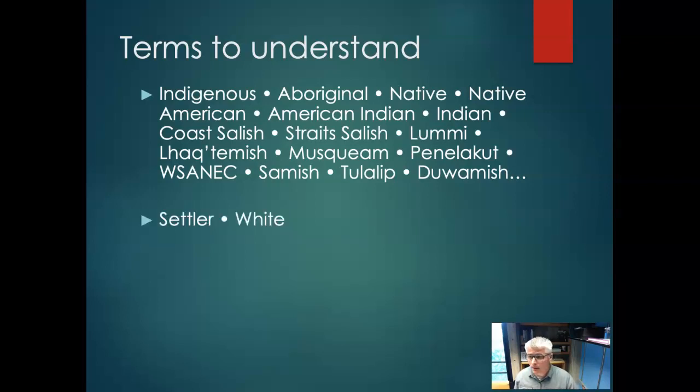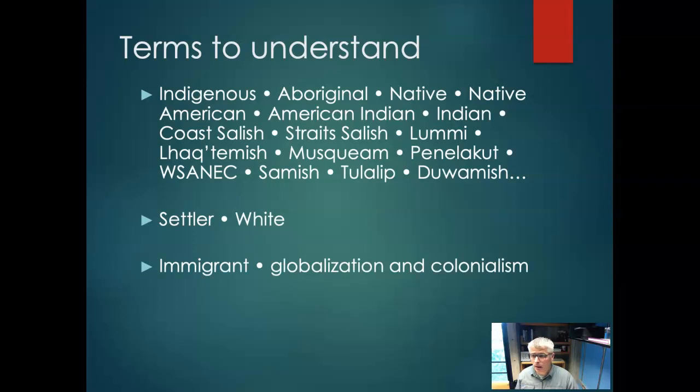We often then use settler, which is typically referring to white or European settlers, and then we can have immigrants as the result of globalization and colonization, and those could be from a wider demographic. But typically settler is a euphemism for white. Immigrant, think about immigration today, meaning a wider diversity of folks.